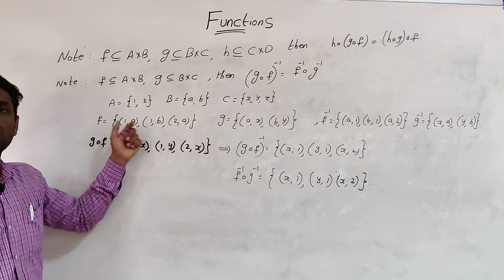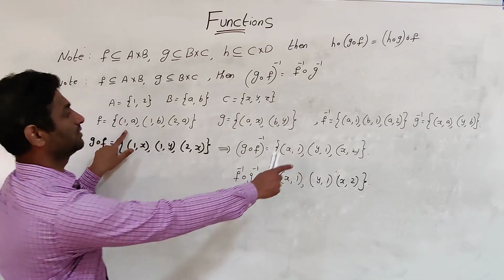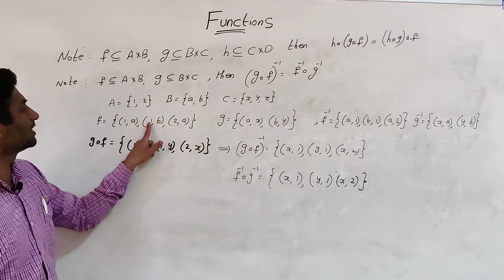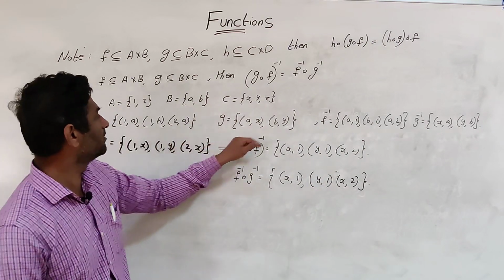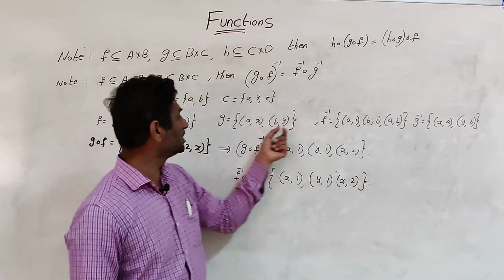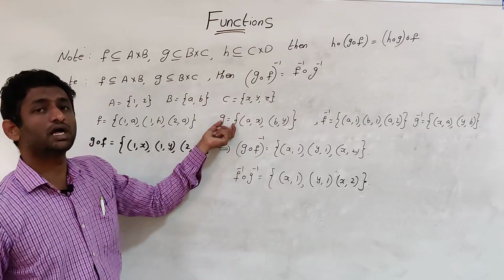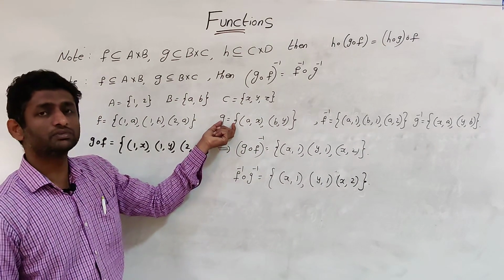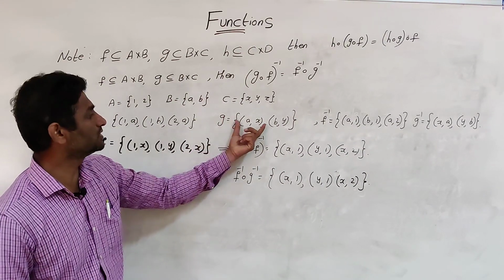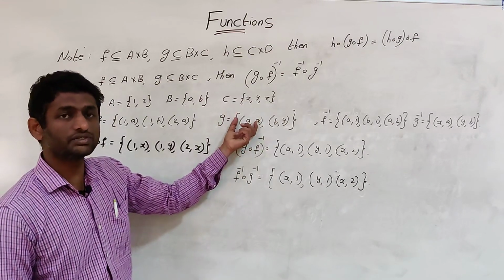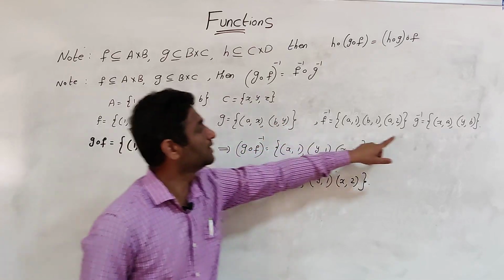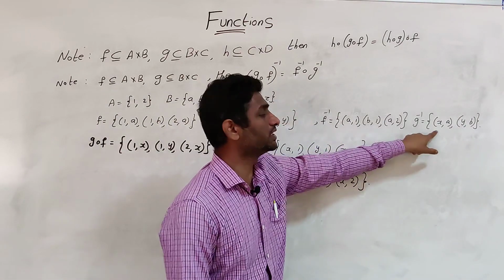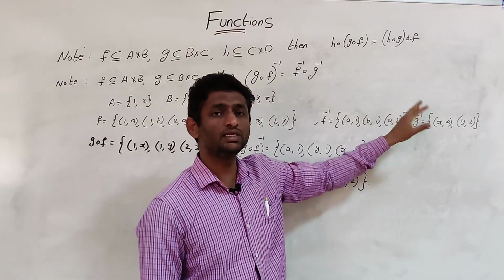The reverse of the ordered pairs. (1, a) becomes (a, 1), (1, b) becomes (b, 1), and (2, a) in inverse will be (a, 2). Similarly, G is another relation from set B to set C. If this is a relation, then the inverse relation is (x, a), (y, b). So these are the two sets of F inverse and G inverse.